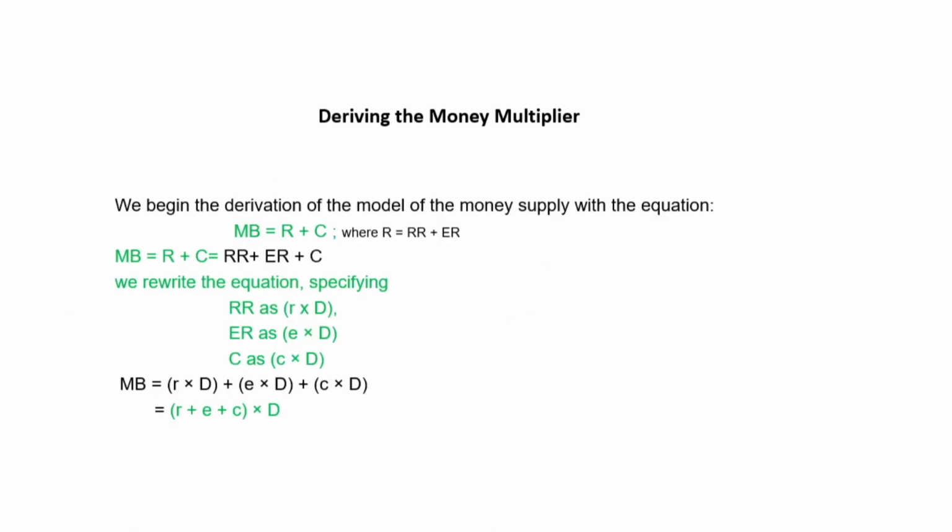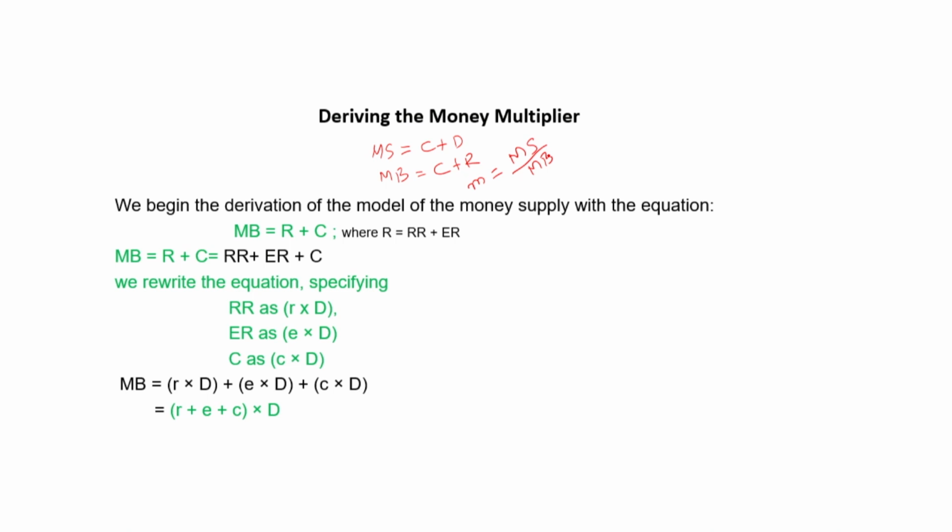So at the beginning, always remember MS is equal to C plus D, MB is equal to C plus R, and the money multiplier is equal to MS divided by MB.